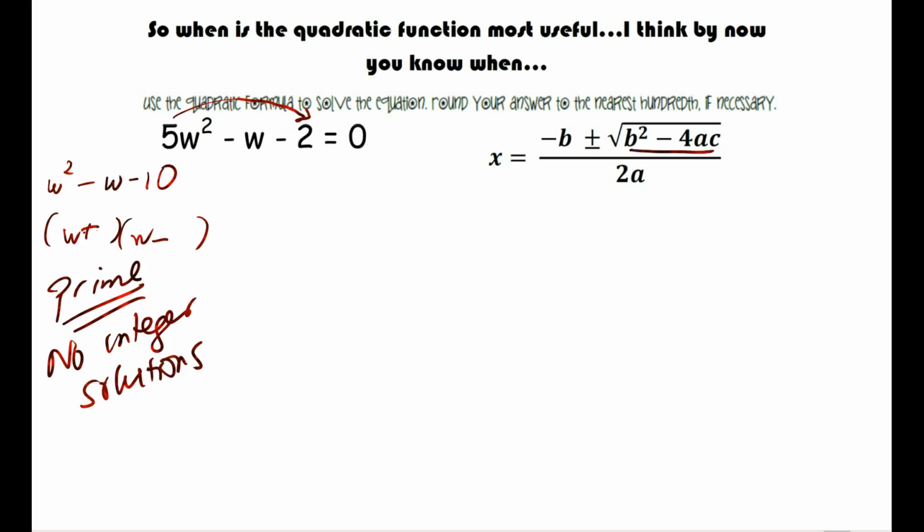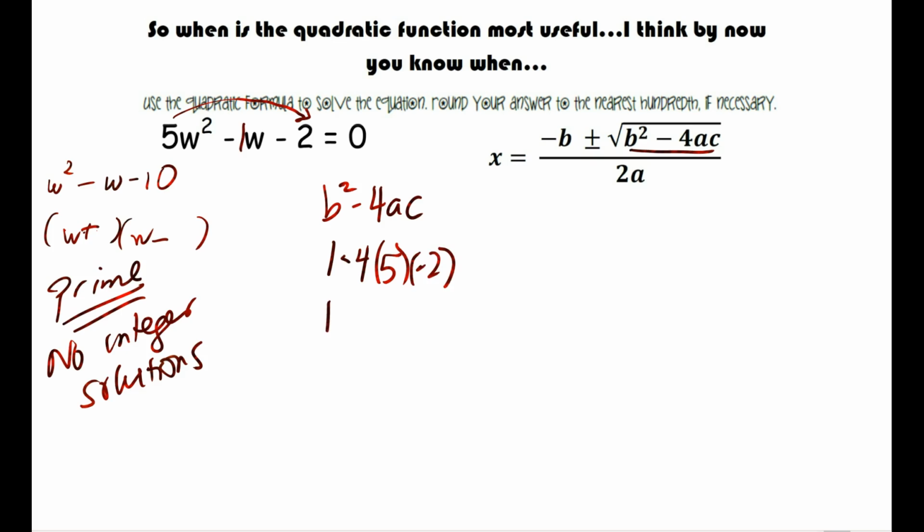This is where we take the discriminant, b squared minus 4ac. So negative 1 squared is 1. Minus 4 times a, which is 5, times c, which is negative 2.